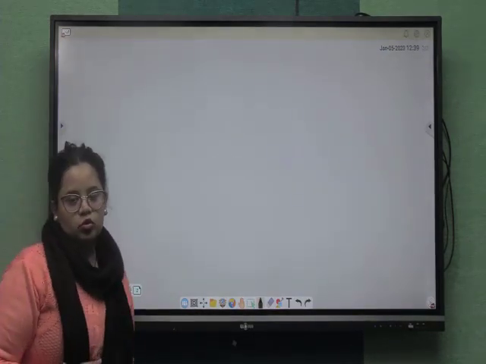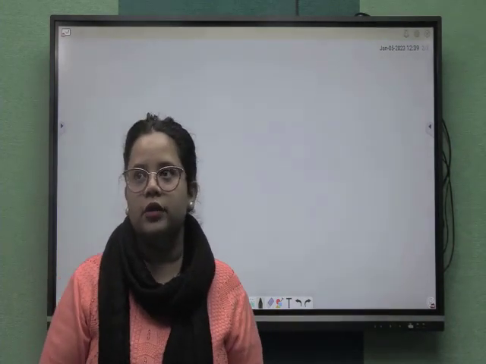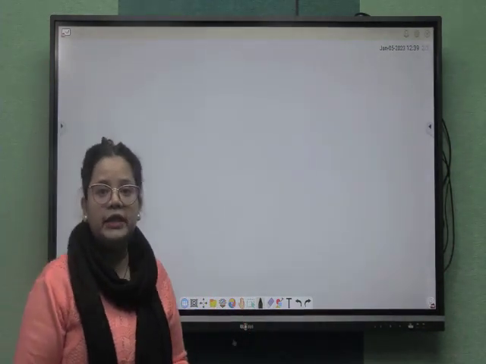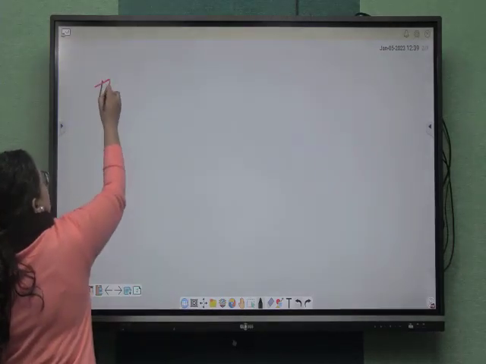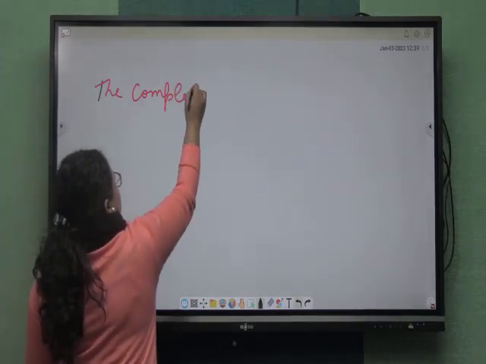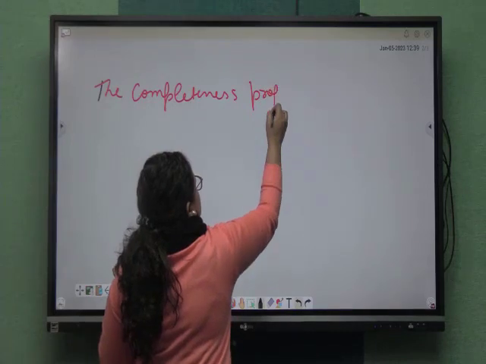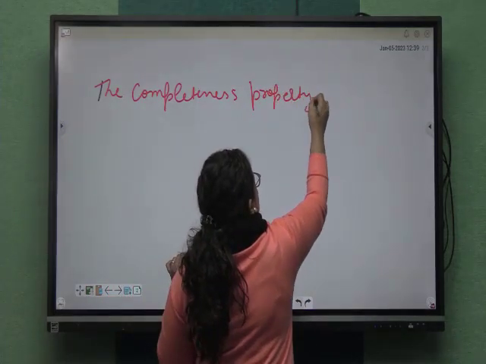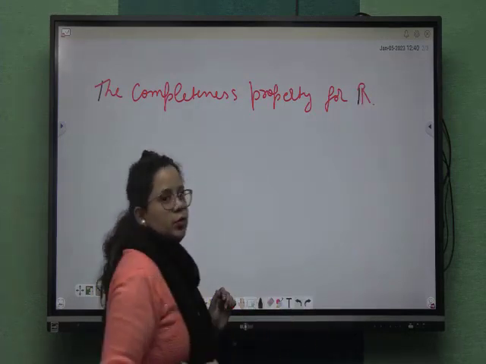Okay, so to start with the Archimedean property, I am going to give you one property, which is the completeness property for R. Now what is that property?